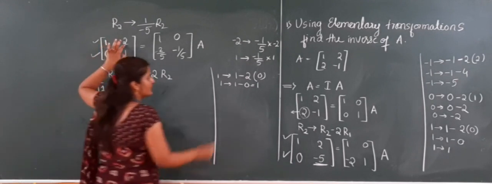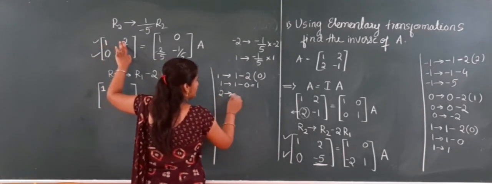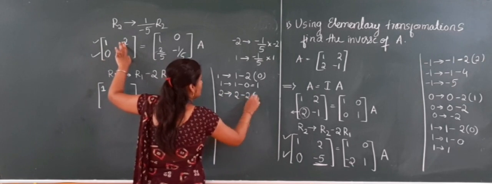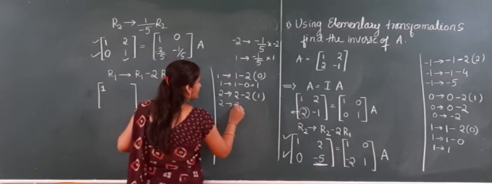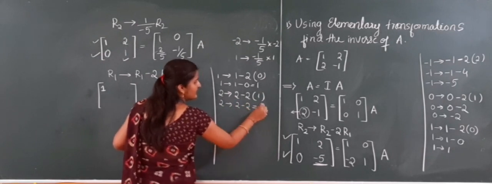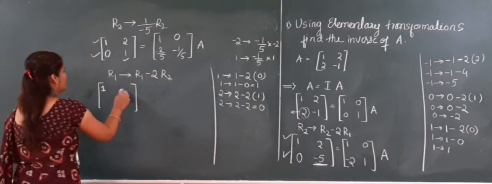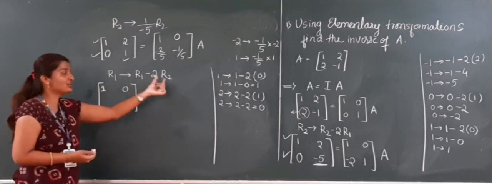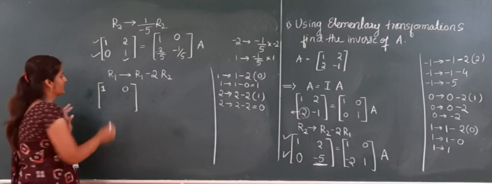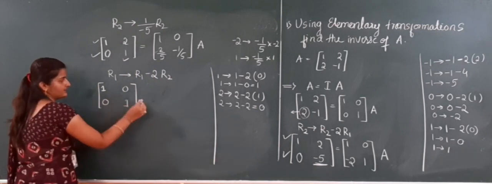Okay, next 2. 2 changes to 2 minus 2 into R2. R2 is again 1. 2 changes to 2 minus 2, which is 0. So 2 changes to 0. And what about R2? We have used R2 but we did not change R2. So R2 remains as it is.